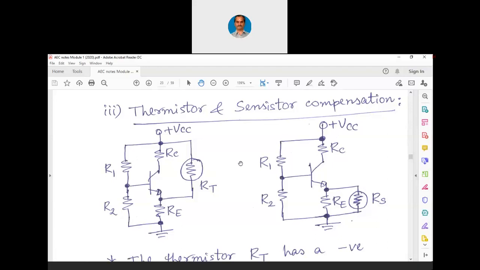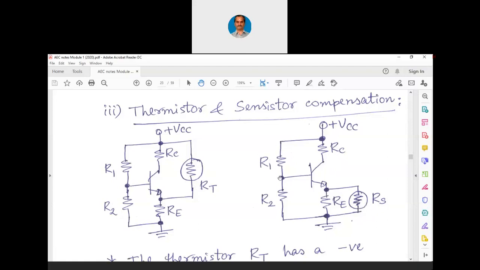As I told you earlier, for a single problem, there can be multiple solutions. Now, these are all the multiple solutions. You are already seeing two solutions. There can be another two solutions, like RT connected in parallel with R2 or RS connected in parallel with R1. If RS is connected in parallel with R1, what happens? When temperature increases, RS increases.